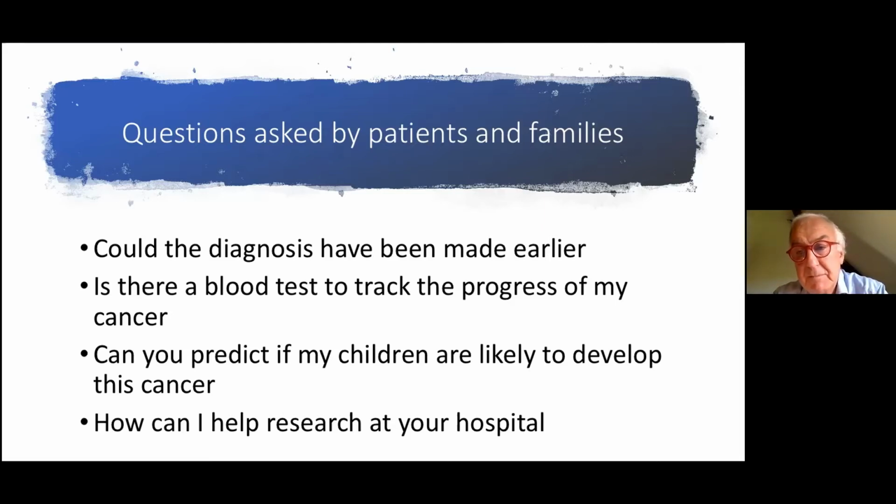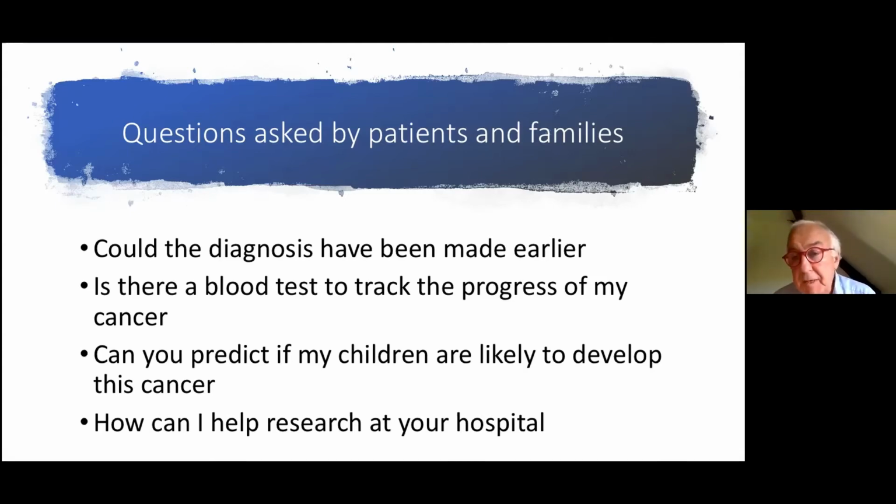If treatment has been undertaken and partially successful, a very common question is, is there a blood test to track the progress of my cancer? For cancers with a genetic element, which occurs in pancreatic cancer like all other cancers, the question, can you predict if my children are likely to develop the same cancer, is a pretty crucial question to answer.